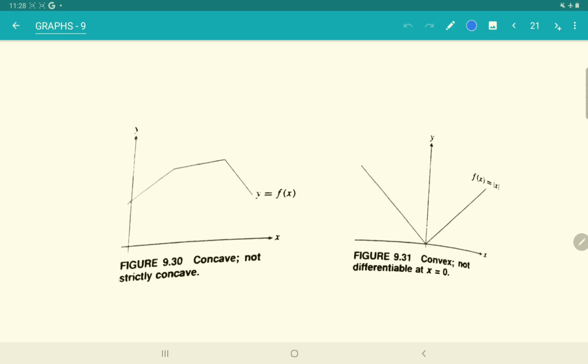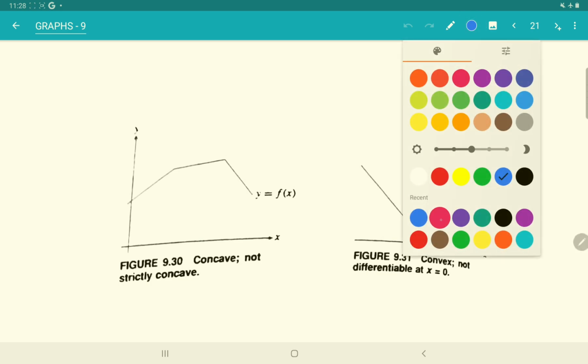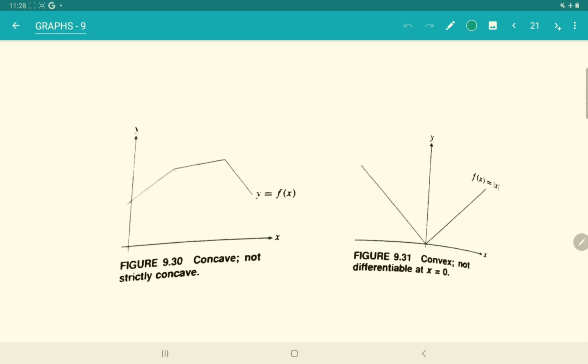If you take a look at this figure 9.30, here we have a case wherein the function is concave, but it is not strictly concave, because if we take up these 2 points, and there is a line segment which joins these 2 points, the line segment lies on the graph of f.